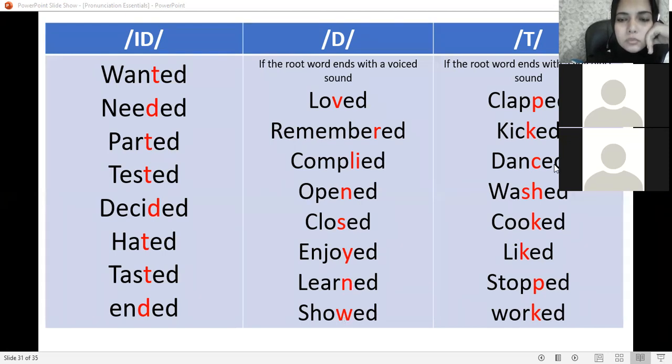Learned, showed, clapped, kicked, danced, watched. No, cooked, not danced, danced. Washed, cooked, liked, stopped, walked. Awesome, thank you. Ms. Dua, go ahead.